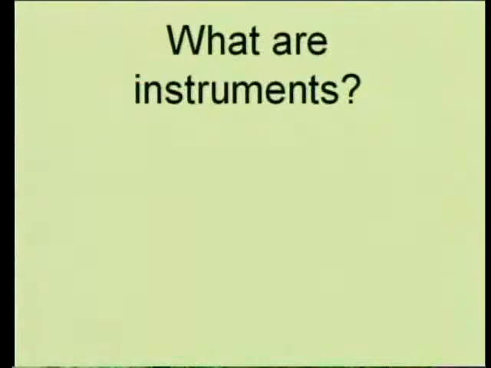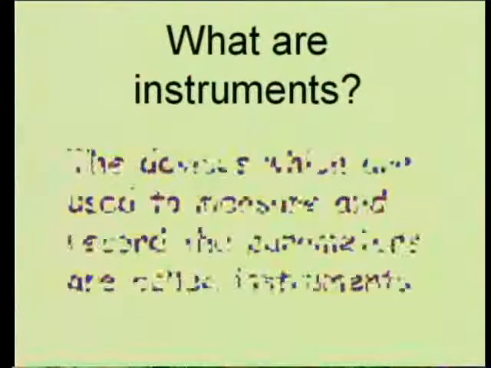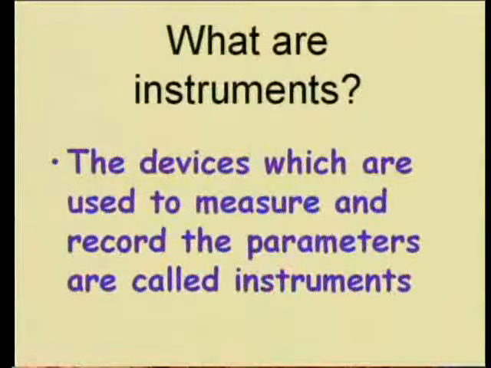Now, when we go for instrumentation, before that, what are the instruments? These are the devices, so they are called instruments. What is an instrument, or what are the instruments available for us in this instrumentation? An instrument is a device which is used to measure and record the parameters.